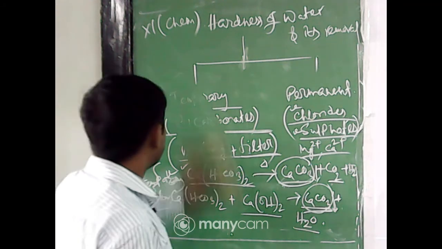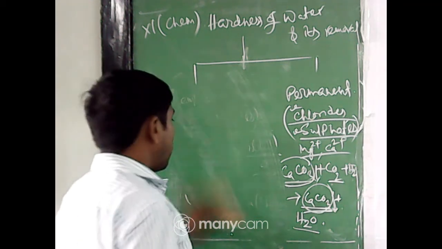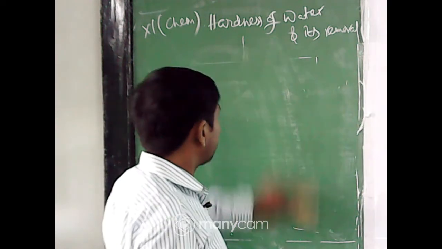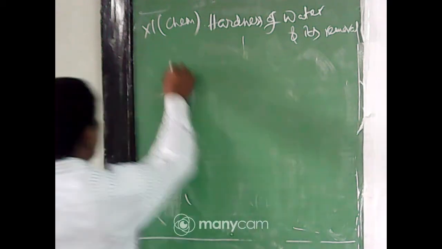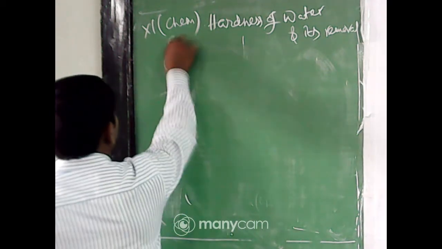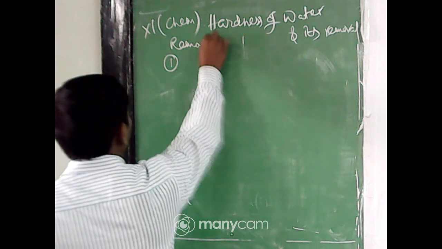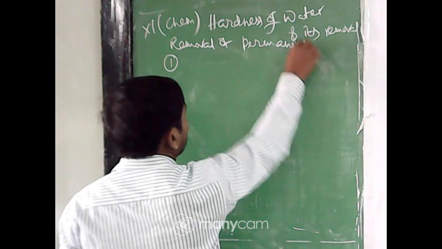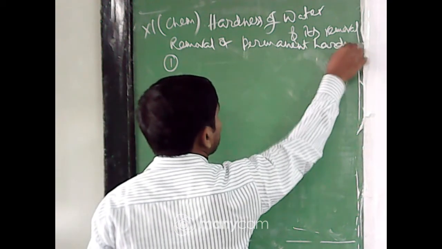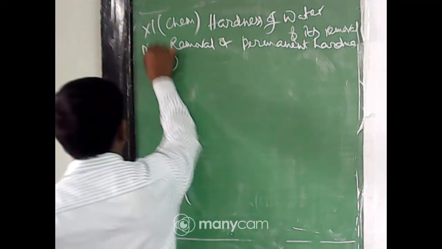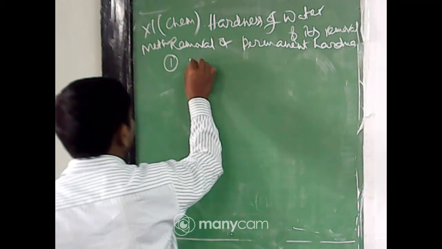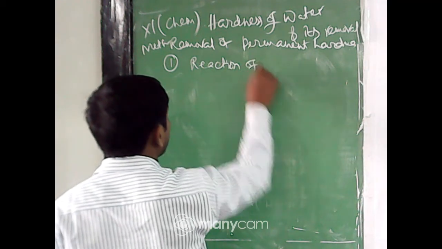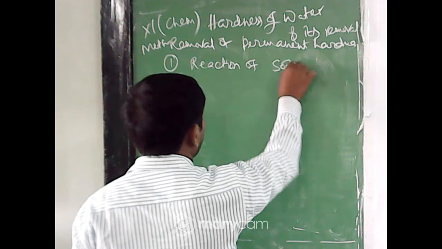Okay. So the second point is the removal of permanent hardness. The first method of removal of permanent hardness, number one, is reaction with soda or washing soda.